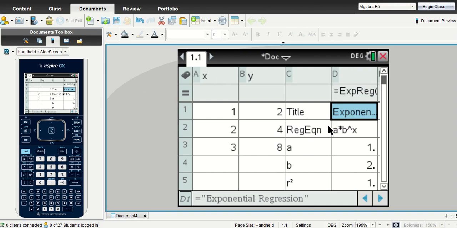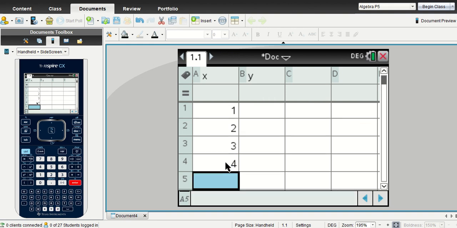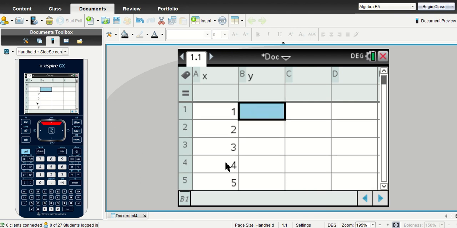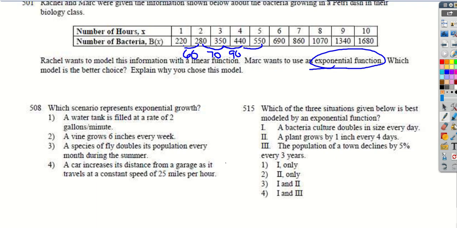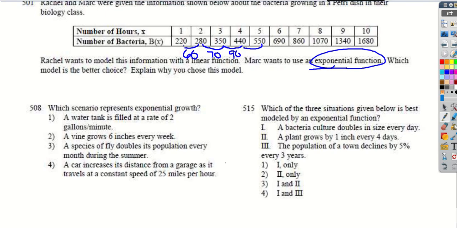If you were to take what we just did, we can undo this, okay? And we can say we want to go for 5, 6, 7, 8, 9. And I mean, I'm not even going to use all of them. I'll go to 5 here. So it's 220, 280, that's 350, 350, okay, 440, and then we got 550, okay.